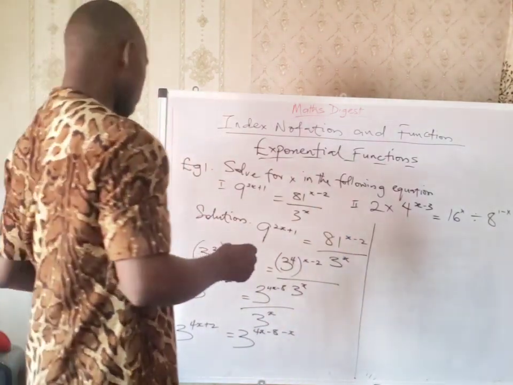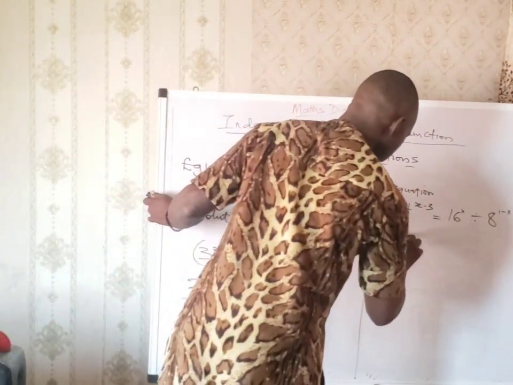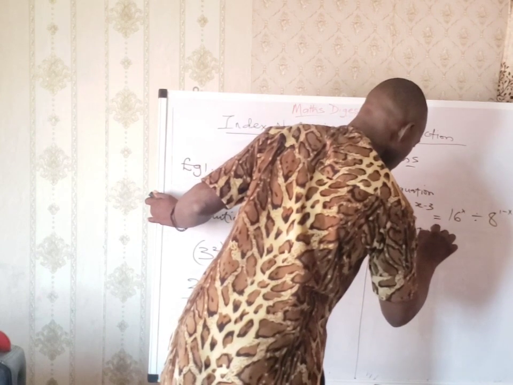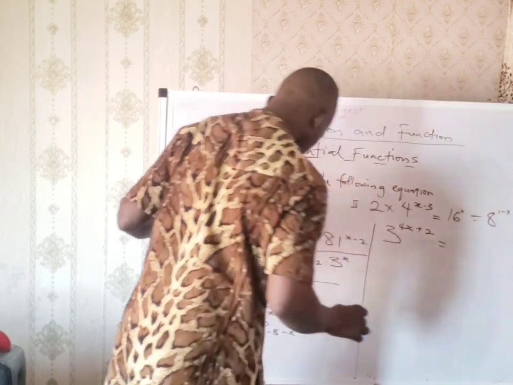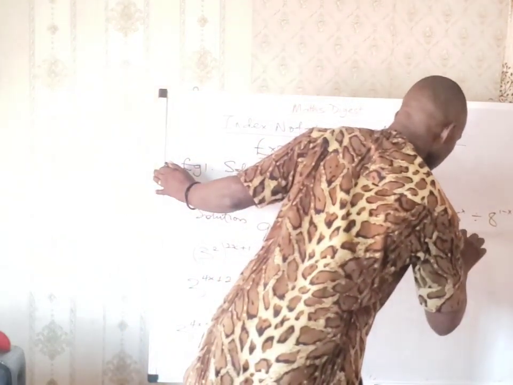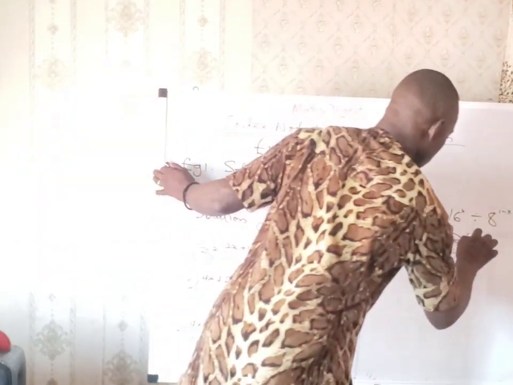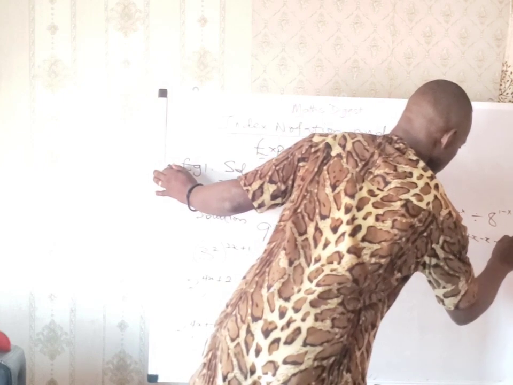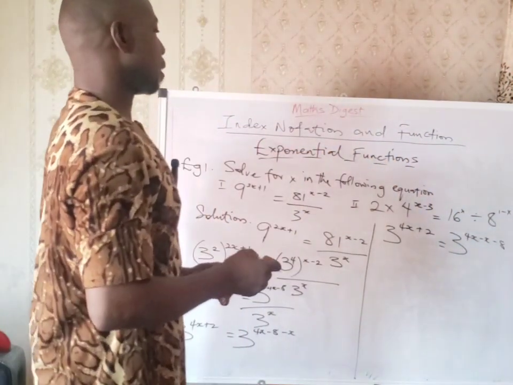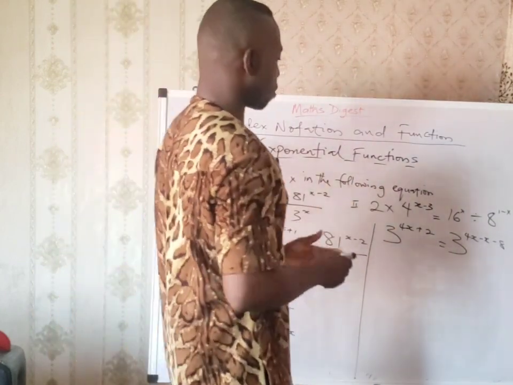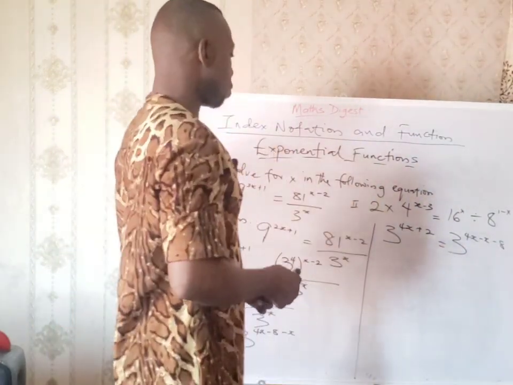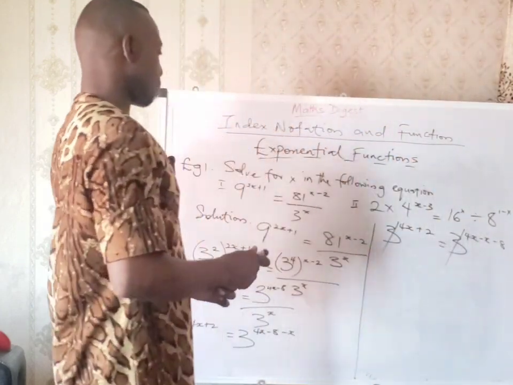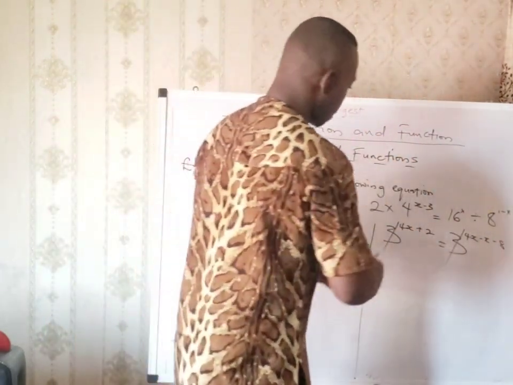Now from here we can have 3 raised to power 4x plus 2 equal to 3 raised to power 4x minus x minus 8. Now looking at this, you have common base between the two, so you can easily cancel this. From here now you bring down the base.